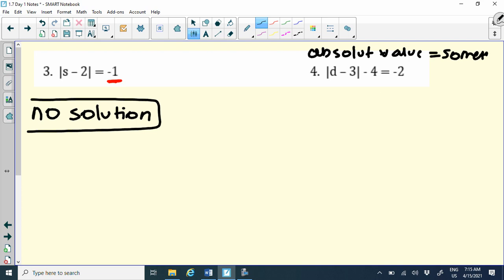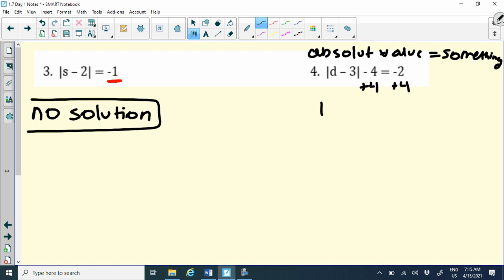So what we need to do first before creating our two equations is add 4 to both sides. Now you may notice that our absolute value equals a negative, but because of that minus 4, I need to move that over first. Then I can decide if this is a no solution or I solve as usual.